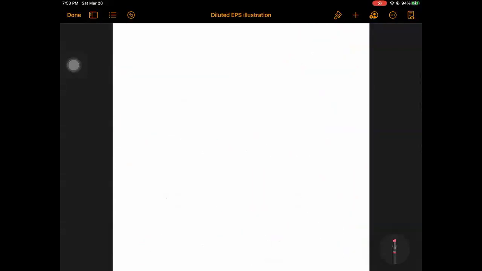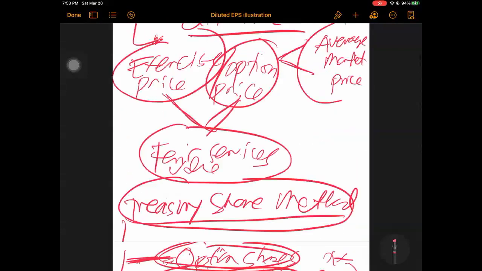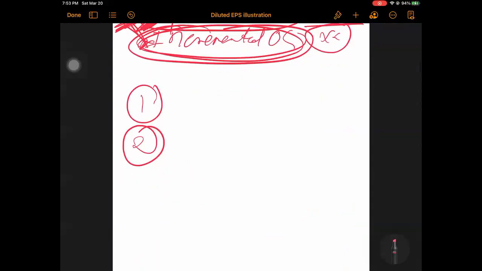What if in one transaction there are convertible bonds, convertible preference shares, and options and warrants? That is called multiple potential ordinary shares. What will happen in the computation of our diluted earnings per share if we have multiple potential ordinary shares?